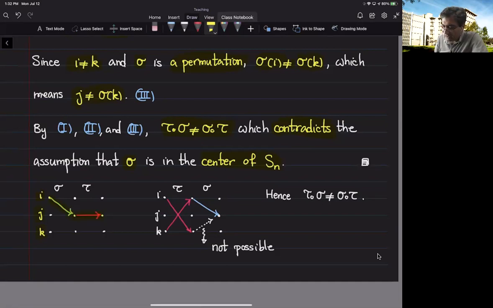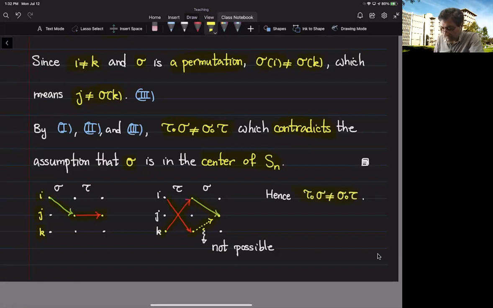But when I apply tau first, I send i to k, and k is sent to something other than j under sigma, since i is sent to j and the whole thing is supposed to be a bijection. It cannot go to the same point, so what we get from tau of sigma is going to be different from what we get from sigma of tau. Therefore, they are not equal.